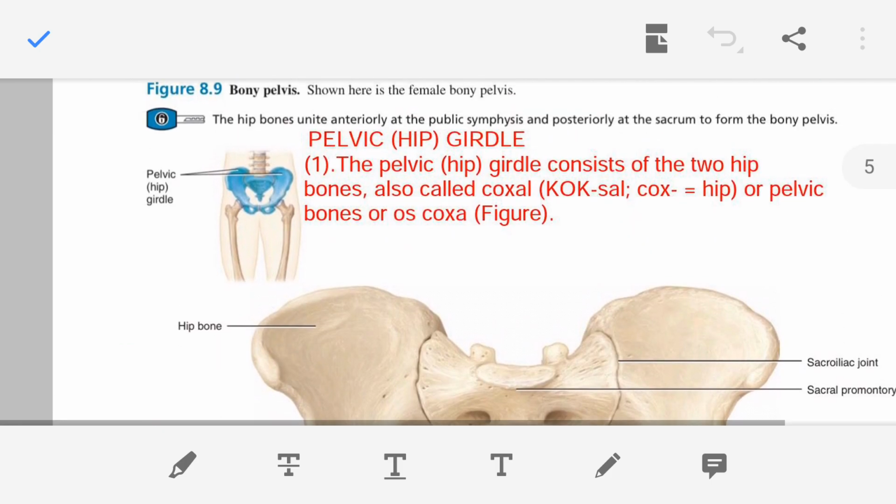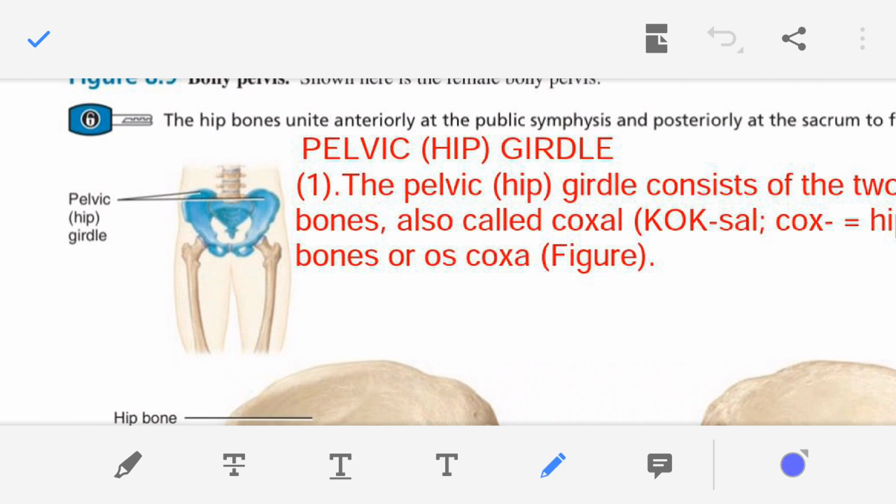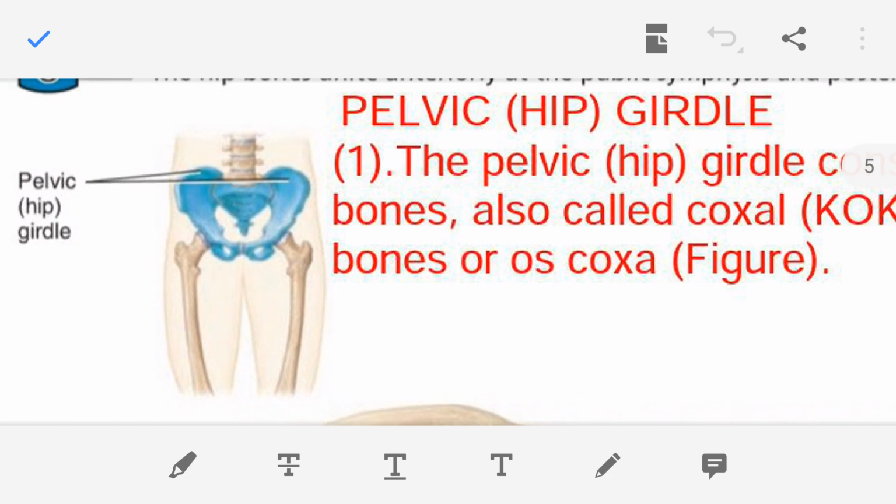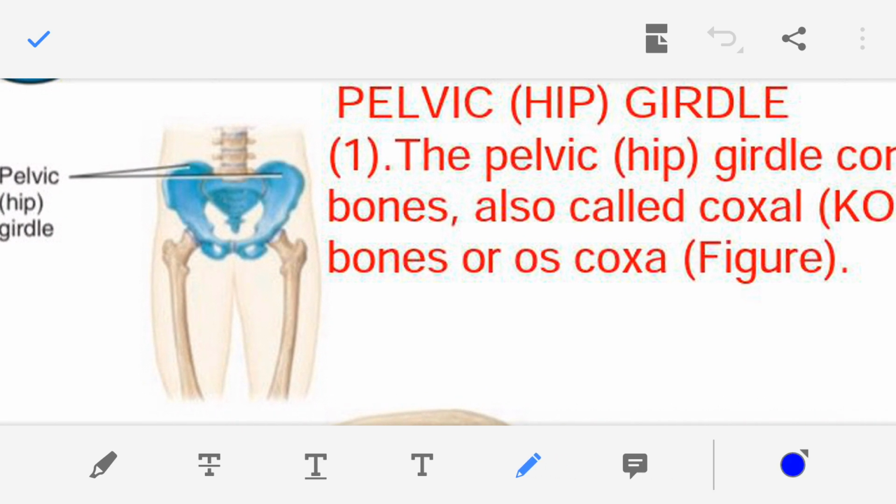For example, this is our lower limb, and this is the femur, the thigh bone, and over here, as you can see, this femur is joining the pelvic girdle, and now we know that the pelvic girdle is supporting the vertebral column.